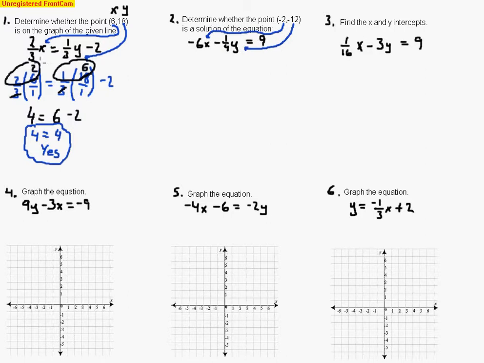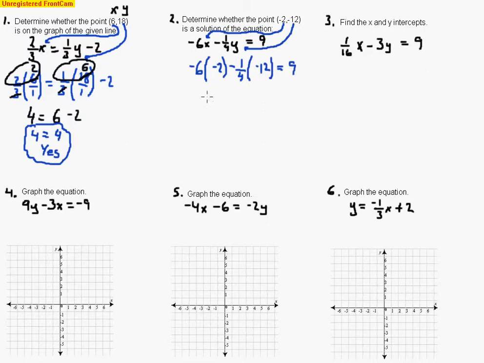See if they equal or not. So we can go ahead and rewrite our equation. We got -6 multiplied by the x value, which is -2, minus 1/4 multiplied by the y value, which is -12. And this should all equal 9 at the end for us to say yes.